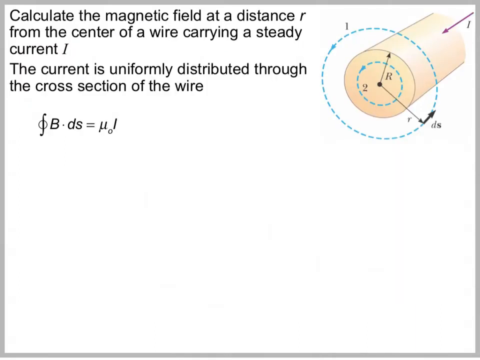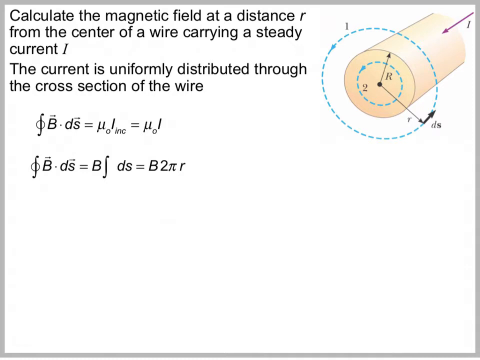So we start with integral B dot ds equals mu naught I again. In this case, if we're looking at the outside, the current enclosed is all of it. Now let's look at the integral B dot ds.